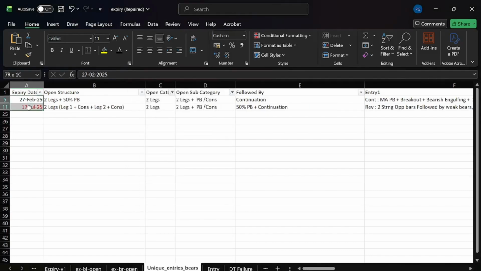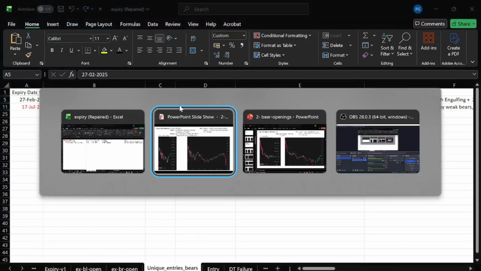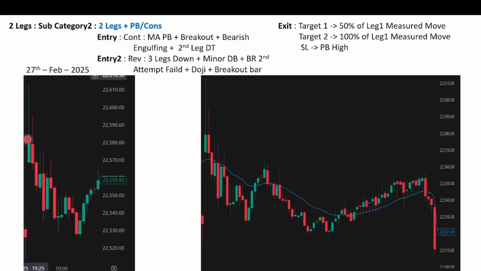We had 2 days. So as I said, when you see leg and pullback, according to our rules, you should be looking for continuation. Only if that continuation fails, you should be looking for the reversal.